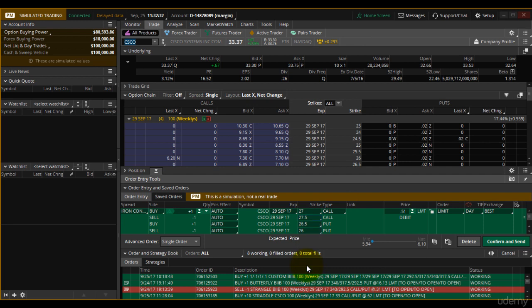So we'll be selecting 33 as the top number, and 32.50 as the middle number, and 32 as the low number.